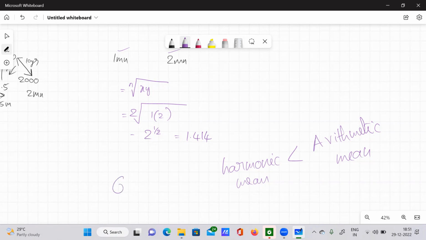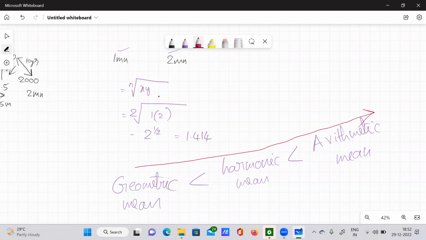The geometric mean will always be lesser than the harmonic mean, and the harmonic mean will always be lesser than the arithmetic mean. So this will be in ascending order, right? In this order, the mean usually increases.